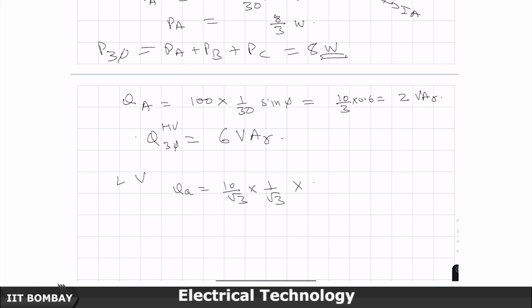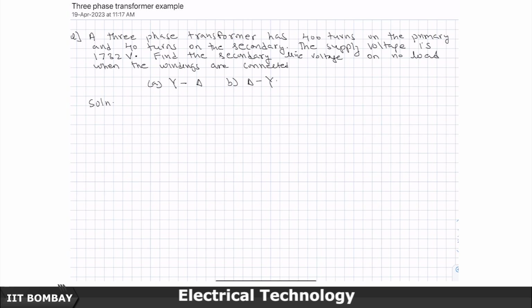So the sine phi is also 0.6 here. So therefore it is 6 by 3, which is 2 volt amperes. And so Q3 phase LV is also 3 times this, which is 6 volt ampere reactive. So again, just like the P story has matched, similarly the Q story has also matched, and so this problem is fully sorted out.